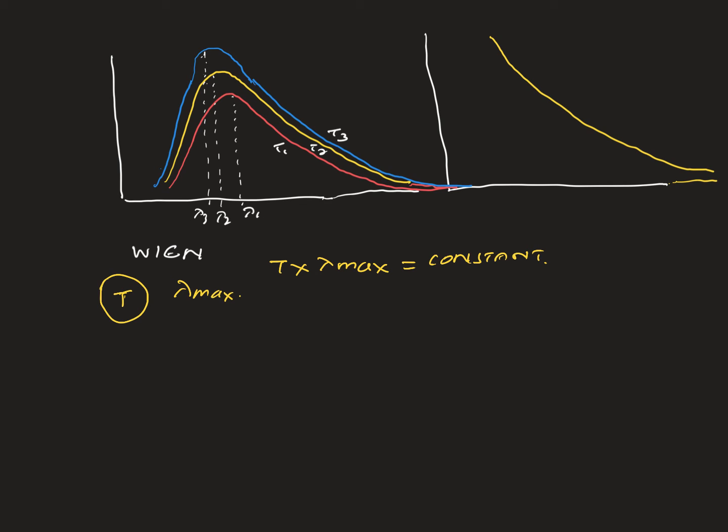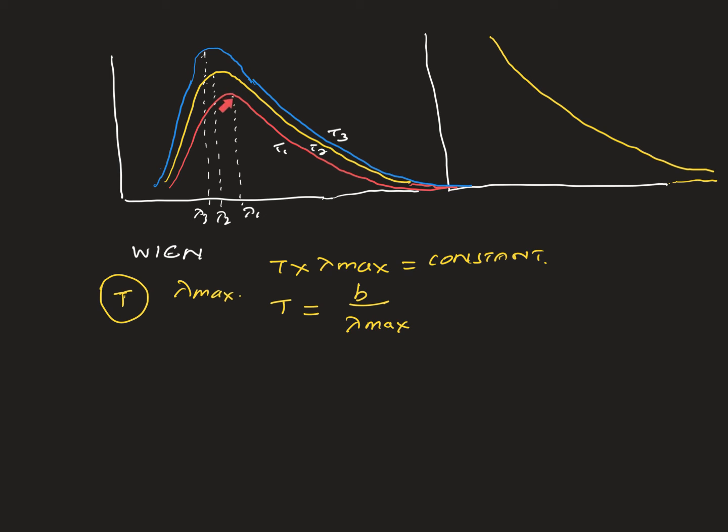That means the surface temperature of the star is equal to that constant, which he called b, divided by lambda max.